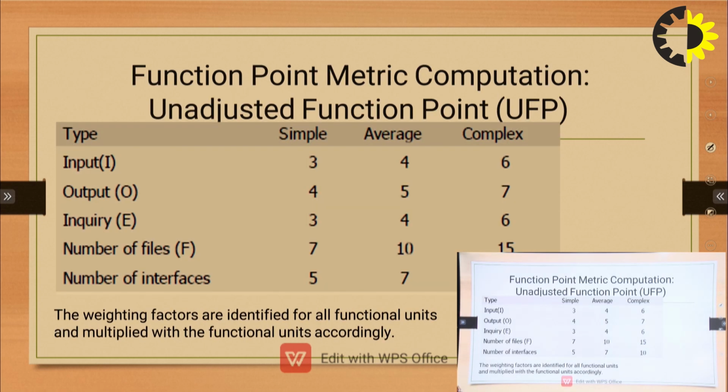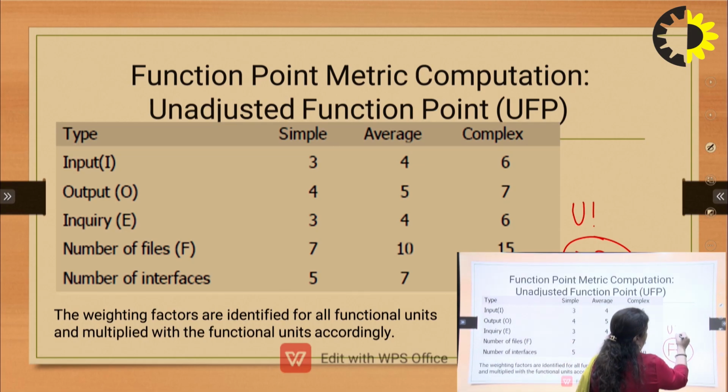Now coming to the next slide, in order to make the calculation regarding function point, in this method we calculate a metric known as FP, or function point. In order to compute this particular metric, the function point for my software code, I first of all have to compute something known as UFP.